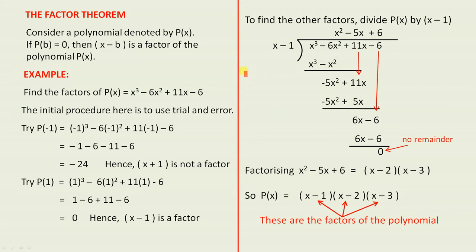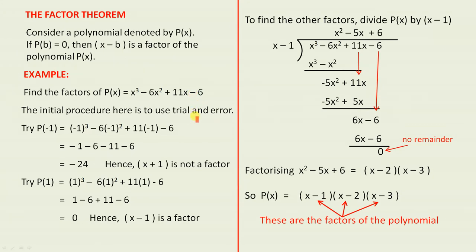The factor theorem. Consider a polynomial denoted by p(x). If p(b) equals 0, then x minus b is a factor of the polynomial p(x). Let's have a look at this by doing an example. Find the factors of p(x) equals x cubed minus 6x squared plus 11x minus 6.